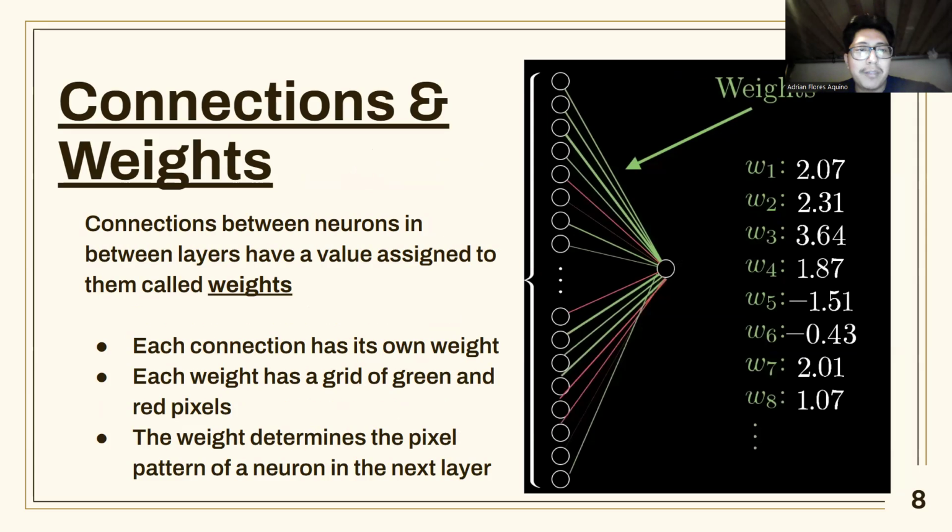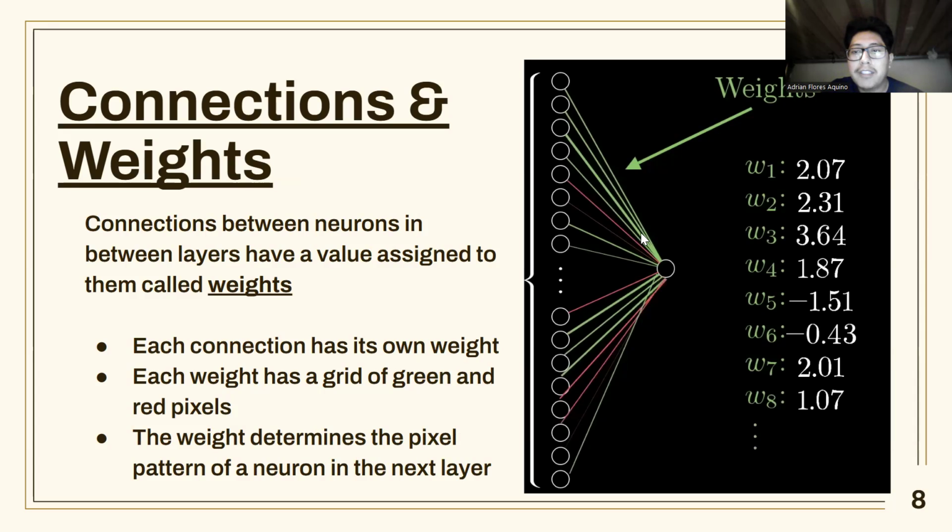And then, there is one thing to remember, which is the connections and the weights. If you guys don't really know what it is, the connection is just happening between the neurons that are going between the layers. And essentially, each connection would have an assigned value, also known as weights. So you can see right here in the image, the neurons that are connecting to the other neurons on the next layer. Each of them corresponds to a specific weight value, and they're either green or red.